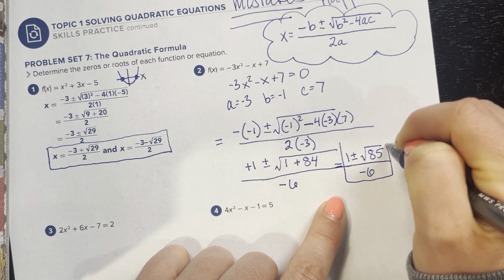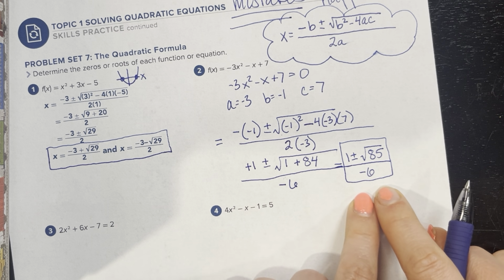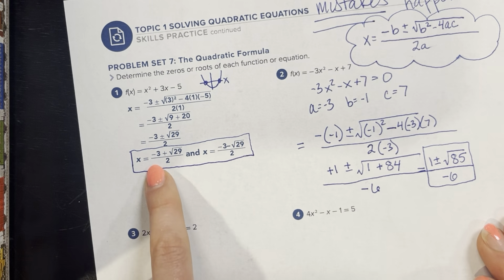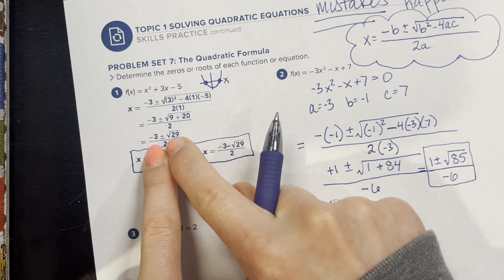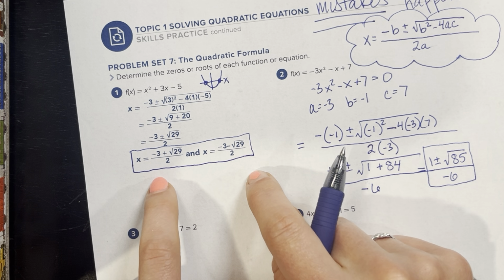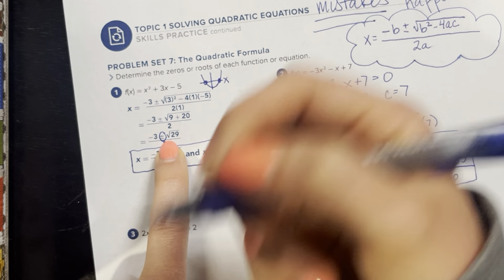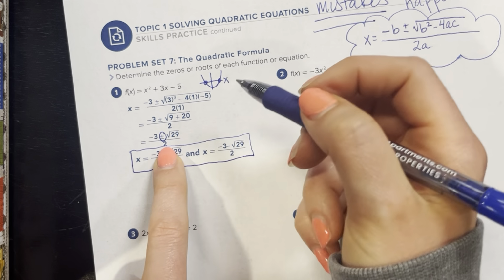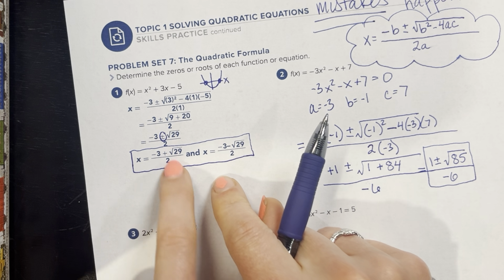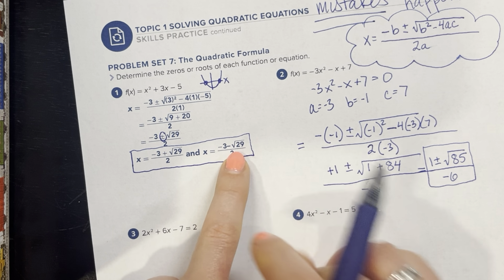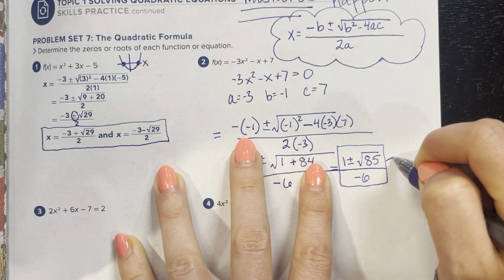This is the answer. For many math students, they end here, but just like this book does, where they split it into 2 answers, I think you should do that, because don't forget that the plus or minus is literally an action. It's asking you to first add and then subtract. There's one where you add it and there's one where you subtract it. So you should split this into 2.